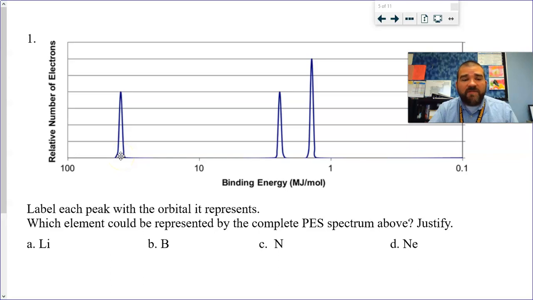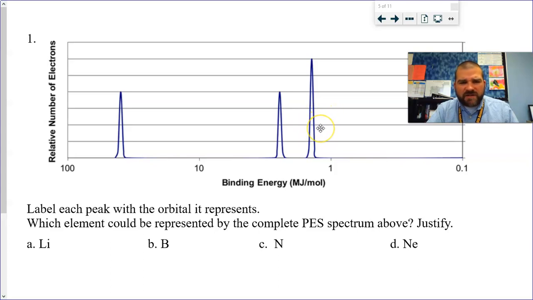This peak is the 1s orbital, the very first orbital of any atom, the one that's closest to the nucleus, okay? So this is the 1s peak. This is the 2s peak. This is the 2p peak. So this is a spectrum from an atom that has 3 orbitals, 1s, 2s, and 2p.